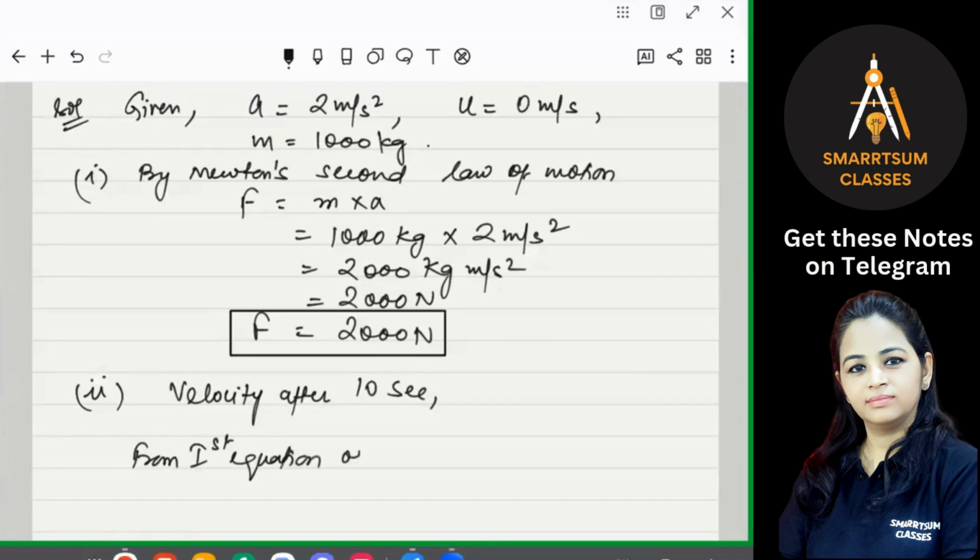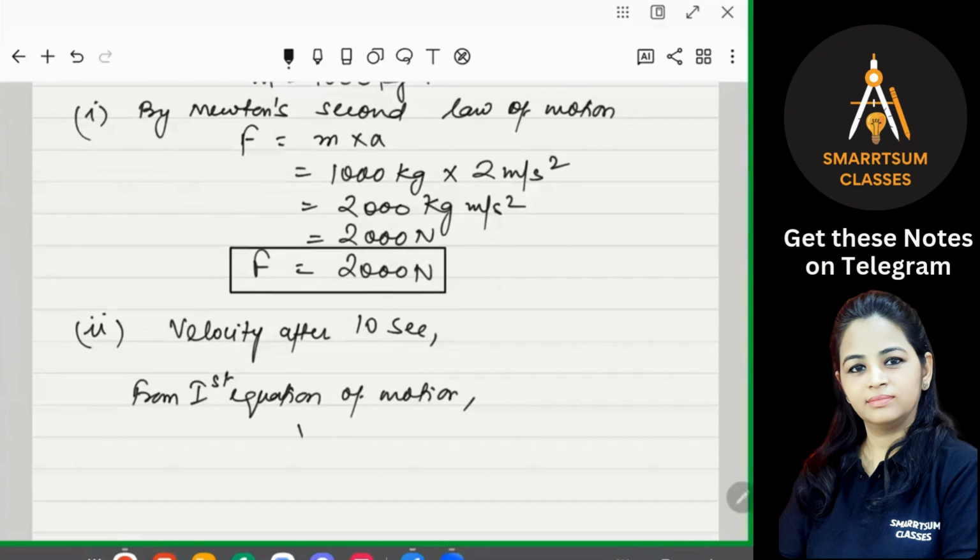What is the first equation of motion? v is equal to u plus at. Since initial velocity is already given in the question, it is 0. Final velocity we have to find. It is moving with acceleration 2 meter per second square, so it is 2 into t. We are finding velocity after 10 seconds, so t is 10 seconds.